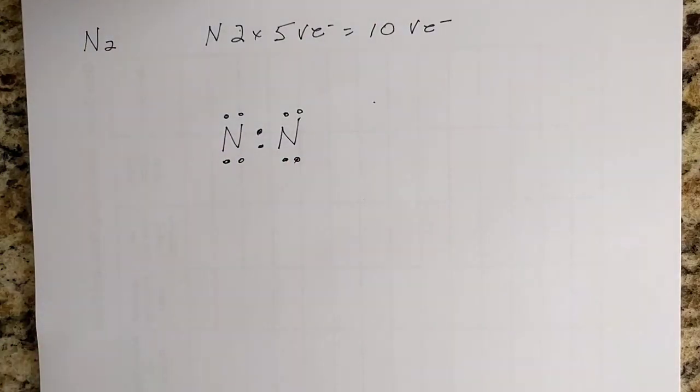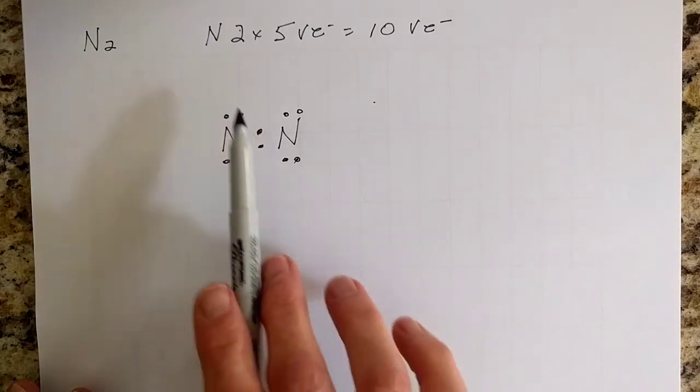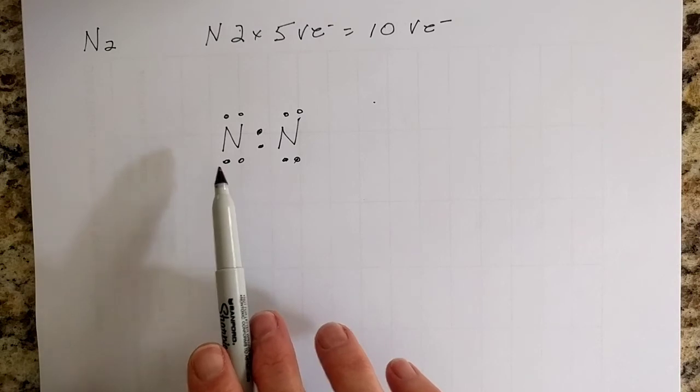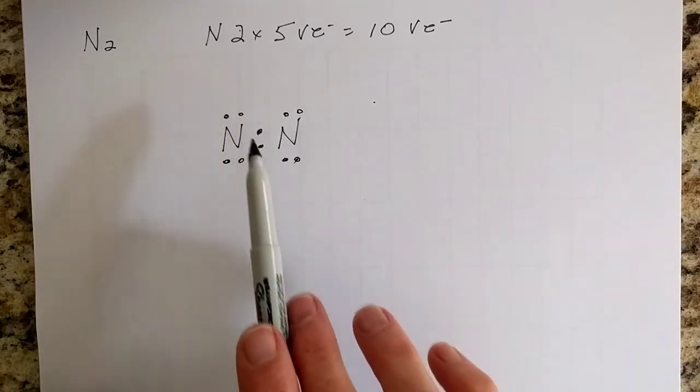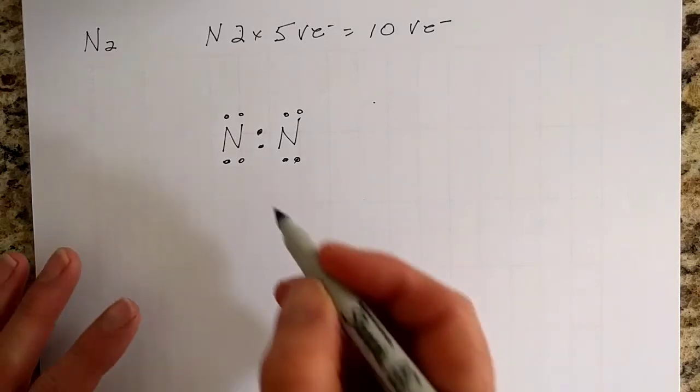All right, and when we do that, we can see that this nitrogen, 2, 4, 6, is not good, does not have the octet, and this nitrogen, 2, 4, 6, is not good, it does not have the octet. So whenever that happens, when you run out of electrons, that's when you start moving electrons into the center so they can be shared by both atoms.